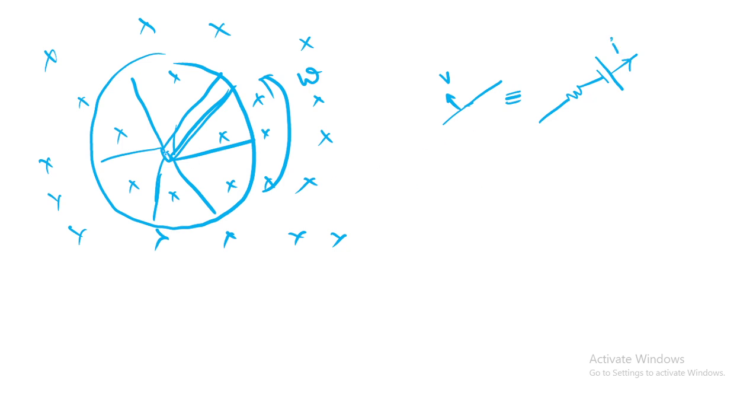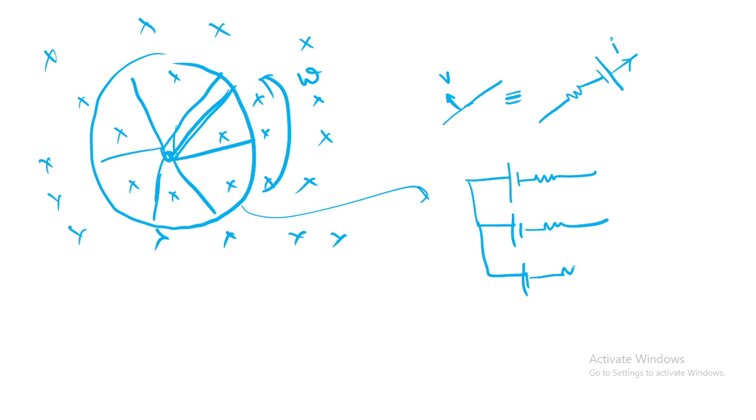Now everything is connected from the axle to the ring, so this entire thing is converted into a combination of cells with small resistances. So many resistors and so many cells are there, but they are all in parallel combination.